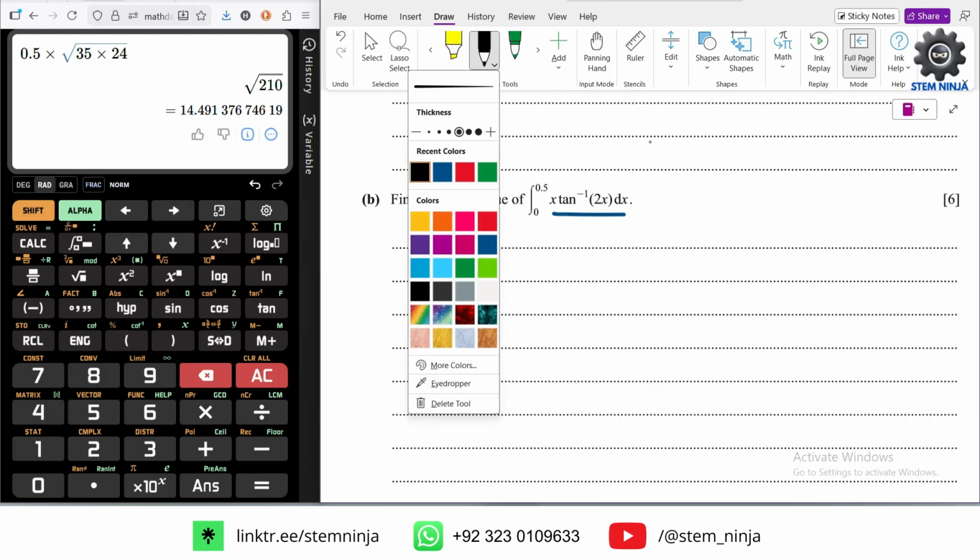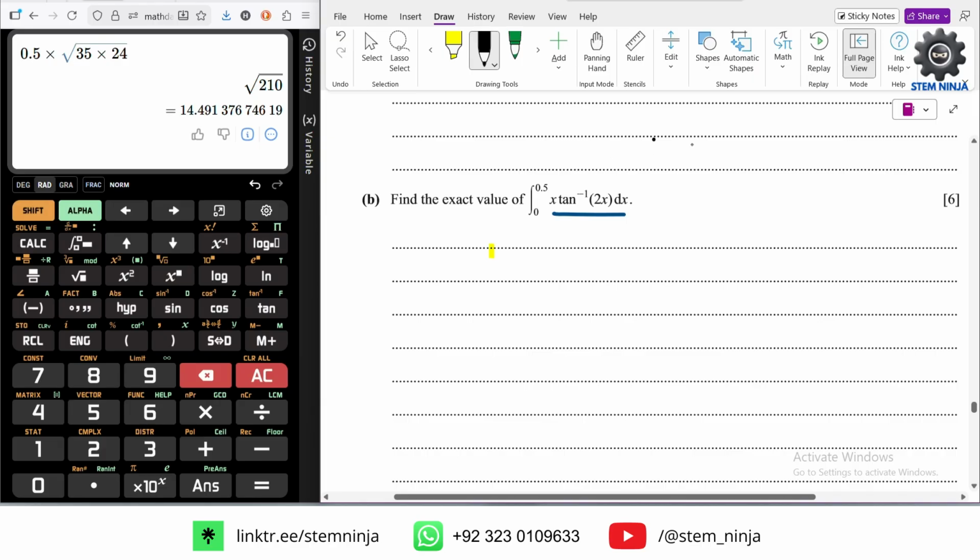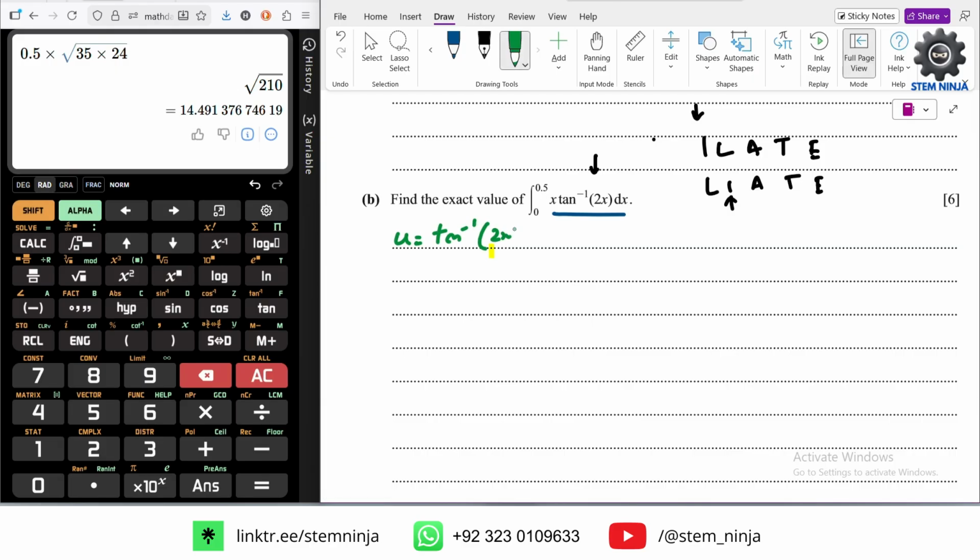So basically we will use integration by parts over here. Remember the ILATE rule. So the inverse functions will be preferred for u, right? So u, let's say, is tan inverse of 2x.